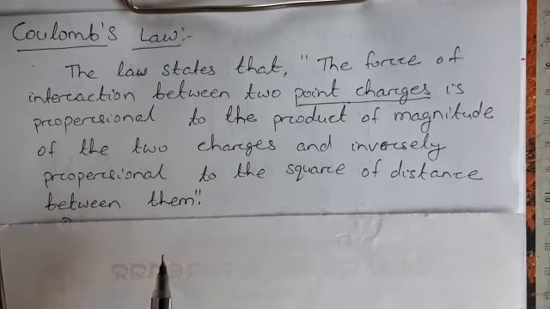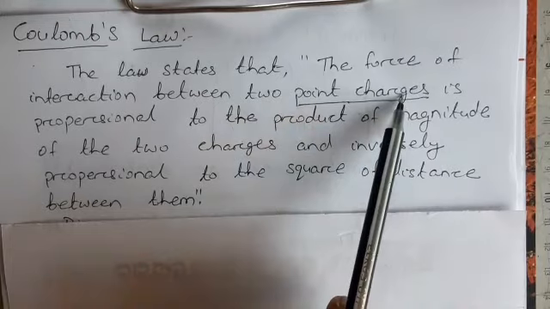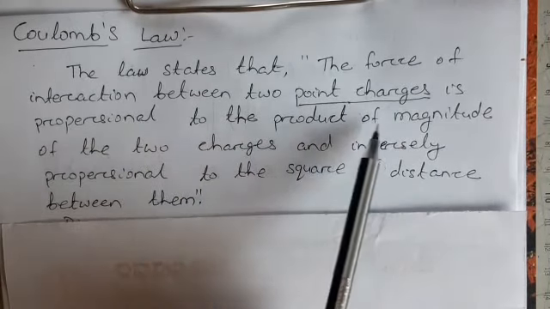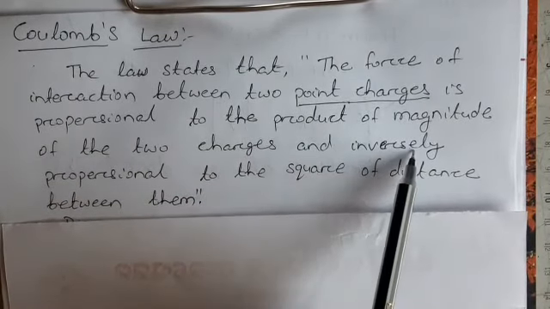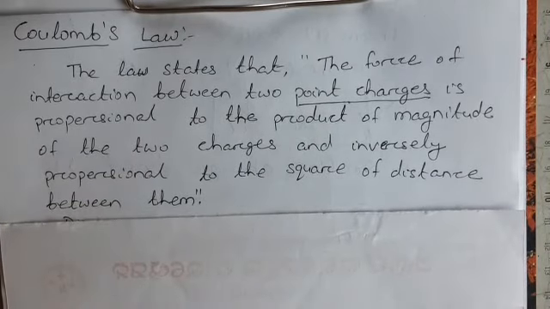The law states that the force of interaction between 2 point charges is proportional to the product of magnitudes of the 2 charges and inversely proportional to the square of the distance between them.